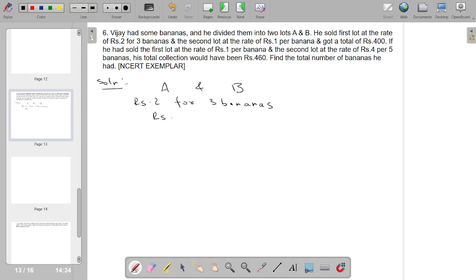It is 2 by 3 rupees. So for each banana, he has sold at the price 2 by 3 rupees, meaning less than a rupee. And the second lot at the rate of rupee 1 per banana.